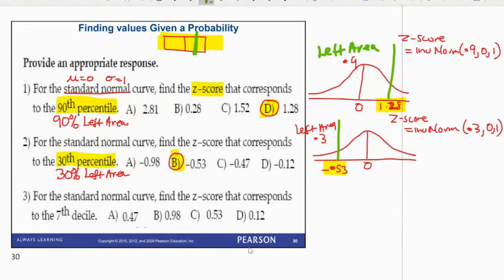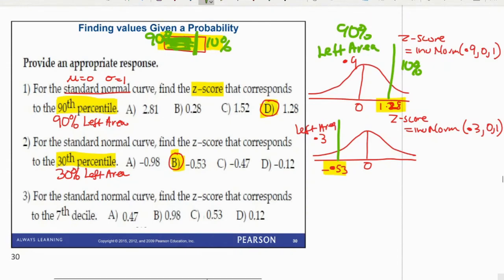It should be more than the middle because I want more. 90% to the left means only 10% on the right. So when we drew this, we have only 10% on the right, but we have 90% on the left. So you draw it in such a way that if the left is more than 50, it definitely has to be past the middle line. If the left is less than 50, it should be below the middle line, technically.